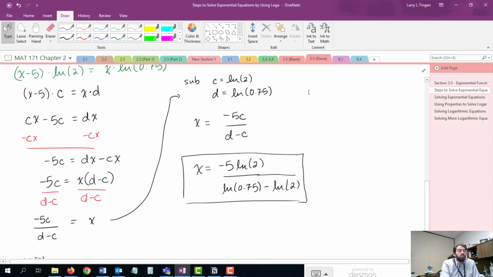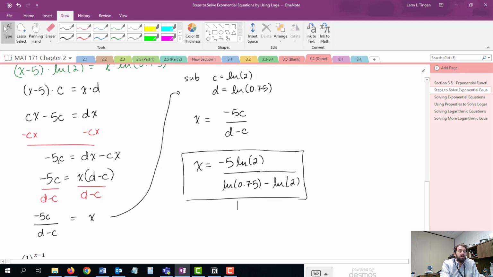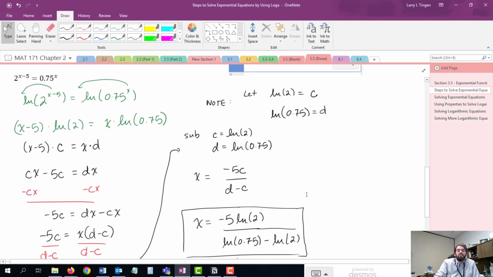That's all good and fine. But doing this step made it so that these steps don't have -5 natural log of 2 is equal to natural log of 0.75 times x minus natural log of 2 times x, right? We just replaced them with letters. We came back, we resubstituted them, and everybody is happy.